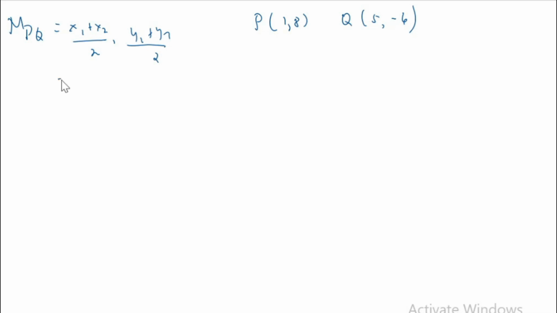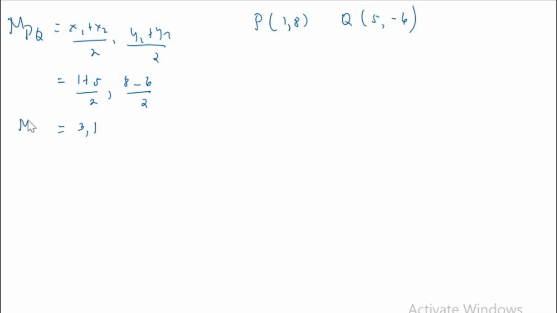By substitution, we have x sub 1 is 1 plus x sub 2 is 5 over 2, and y sub 1 is 8 and y sub 2 is negative 6, over 2. Simplifying, 6 over 2 is equal to 3, and 8 minus 6 is 2, divided by 2 is 1.